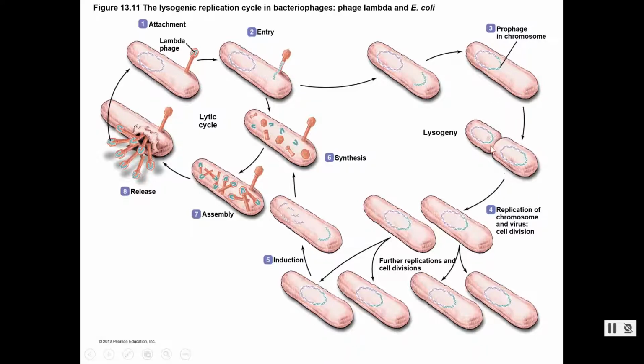Life continues, replication occurs, binary fission, until some sort of environmental trigger triggers that prophage to come out, excise, and then it goes right into synthesis. It makes nucleic acid, which degrades the bacterial chromosome. It makes capsomeres, it makes glycoproteins, it copies the viral nucleic acid. We put them all together, and then we get release.